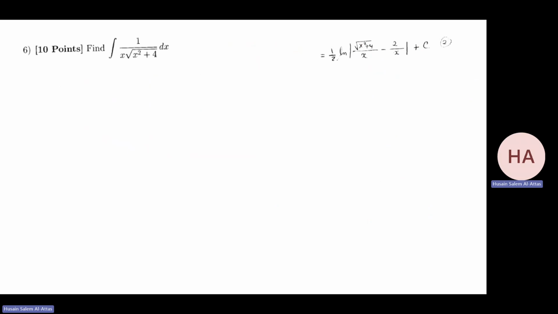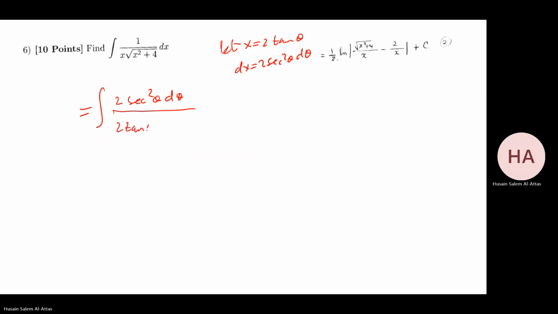So I have this one: 1 over x root x squared plus 4. Yeah, I let x equal to 2 tan theta. dx will be 2 secant squared theta d theta. Plug in the expressions. I have 2 secant squared theta d theta over x, which is 2 tan theta, times this one, which is 4 tan squared plus 1, secant squared.